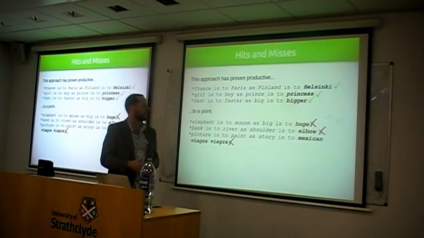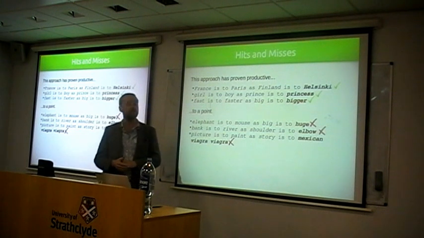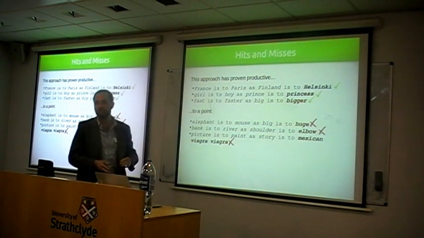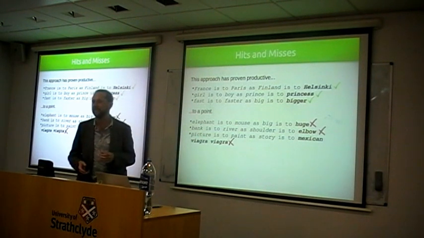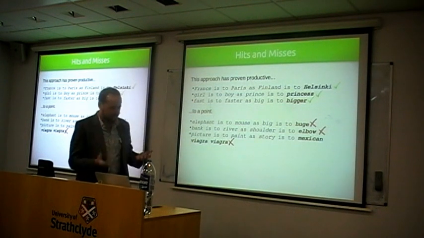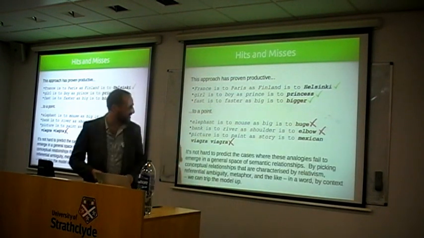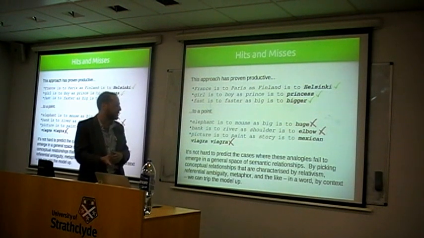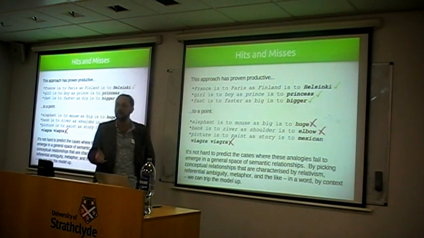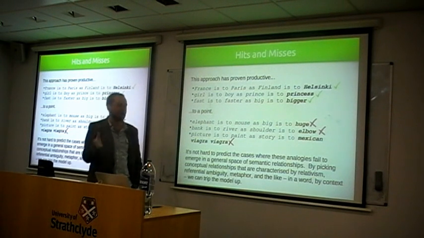We have elephants are to mice as big is to huge. Bank is to river as shoulder is to elbow. And picture is to paint as story is to Mexican Viagra. So, you know, we can kind of begin to guess the types of spaces where this will work and the types where it won't, or the types of analogies that play out the way we expect them to in this space.